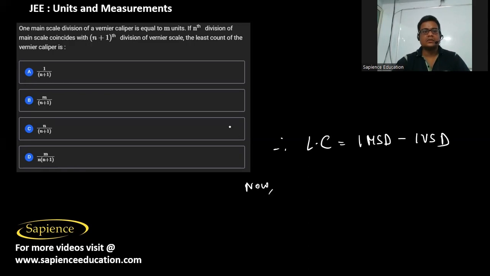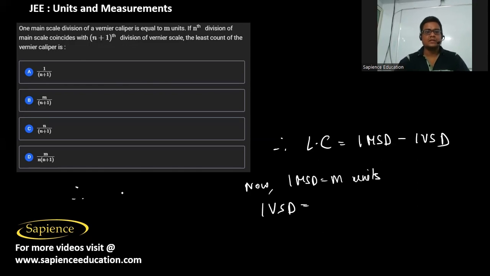Now here it is told one main scale division is m units. So one main scale division is equal to m units. And one vernier scale division is equal to, so here it is told nth division of main scale coincides with n plus 1th division of vernier scale.